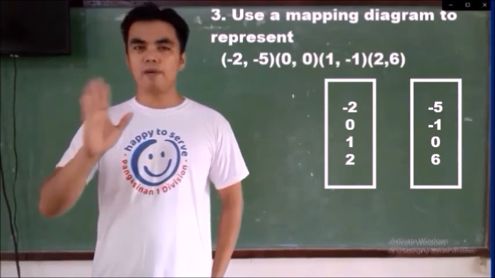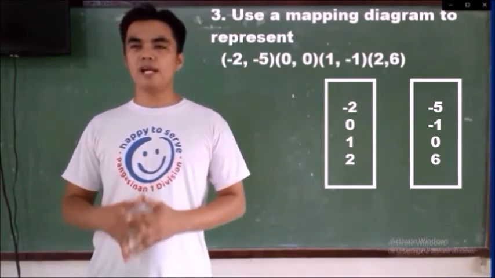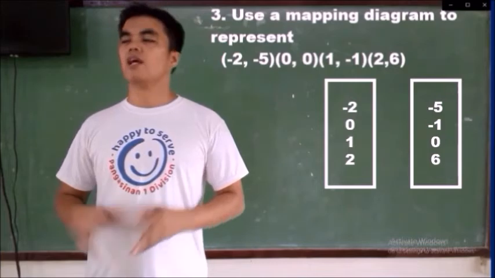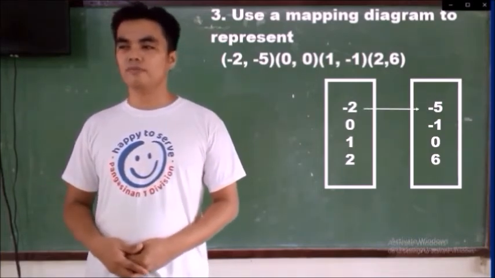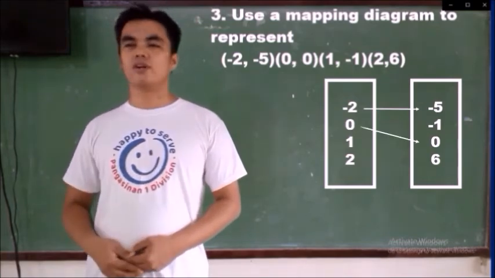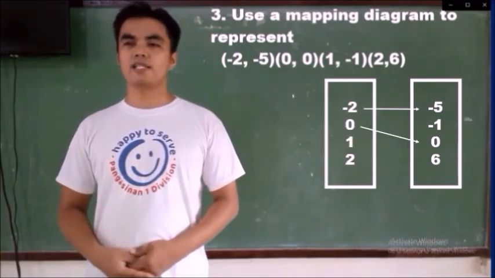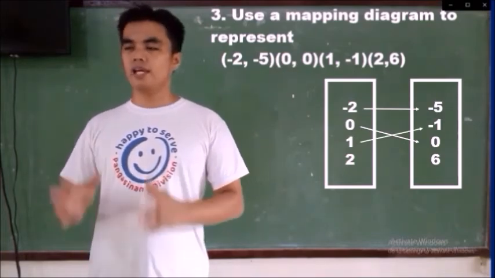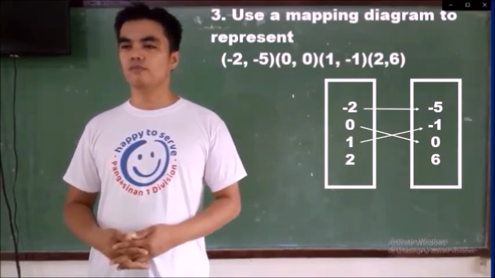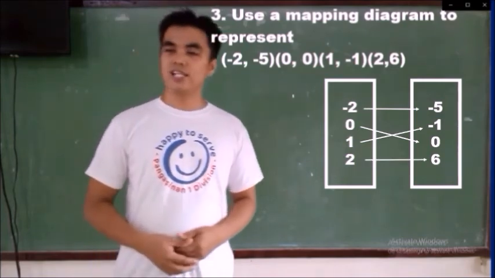Now, pagpaparesin natin sila. Ano ang kapares ng negative 2? Very good, negative 5. Ano ang kapares ng 0? Very good, 0. Ano ang kapares ng 1? Very good, negative 1. At ano ang kapares ng 2? Very good, 6.